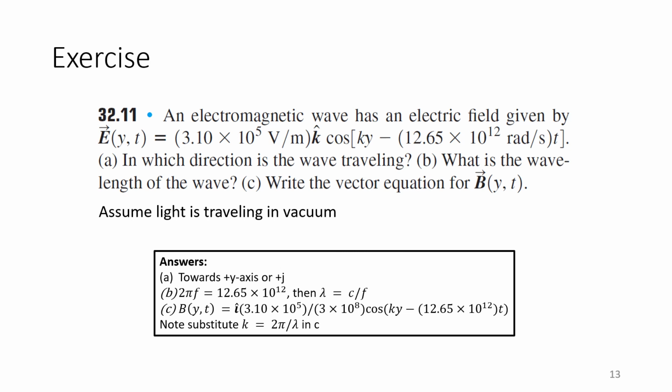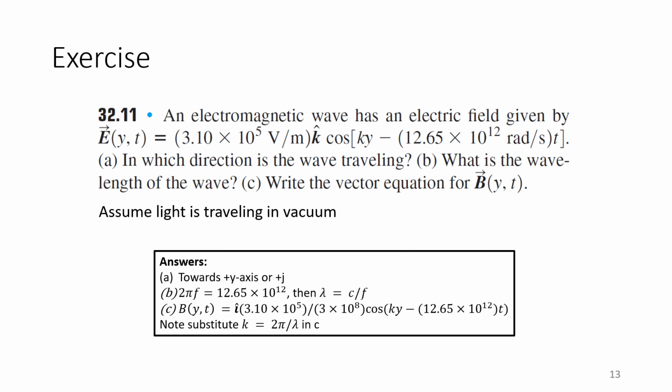Frequency f is just 12.65 times 10 raised to the 12 over 2 pi. We'll have to divide by 2 pi because 12.65 times 10 raised to the 12 is omega. Then lambda is just the ratio of c over f. We should get around 1.50 times 10 raised to the negative 4 meters.